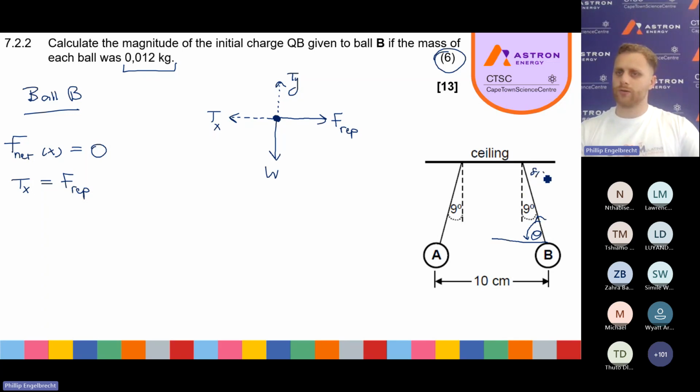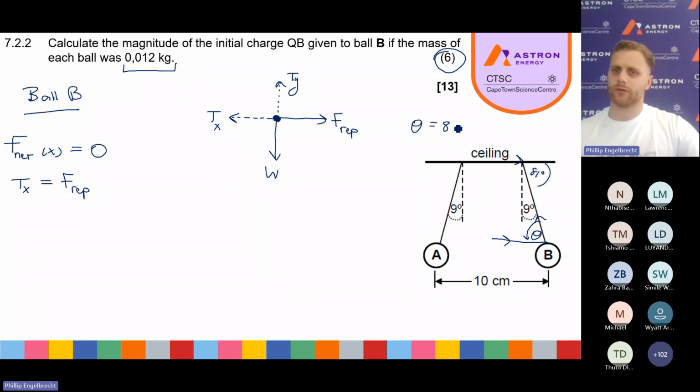This side is 81 degrees, because remember this is 90. 90 minus 9 is 81. And remember, your ceiling is parallel to the horizontal, because you're focusing on the horizontal and your ceiling is parallel to your horizontal. So therefore, this angle theta is 81 degrees. So that's what I know. I'm just going to write it here.